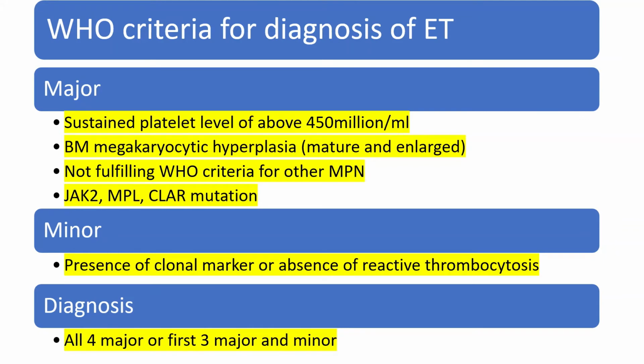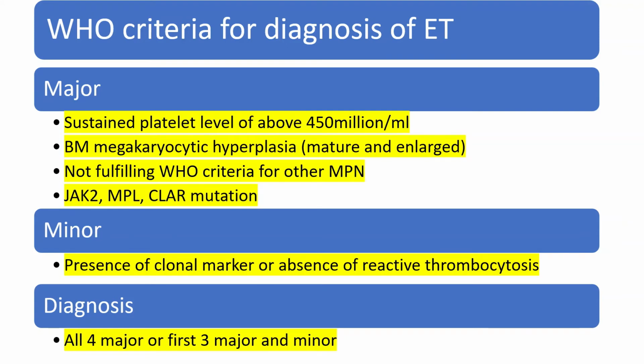The next topic will be essential thrombocythemia. There is also a WHO diagnostic criteria, the majors and the minors. There are 4 majors, which include sustained platelet level above 450 million per ml, and bone marrow showing megakaryocytic hyperplasia, which is mature and enlarged, and not fulfilling WHO criteria for other myeloproliferative neoplasms, and mutations, including the JAK2, MPL, or CALR mutations.